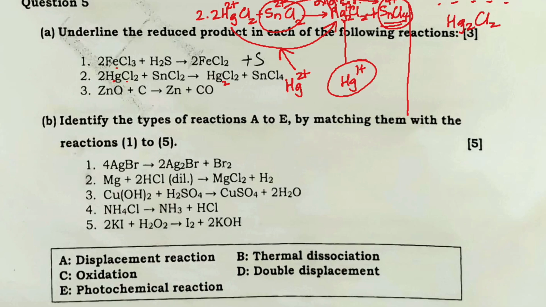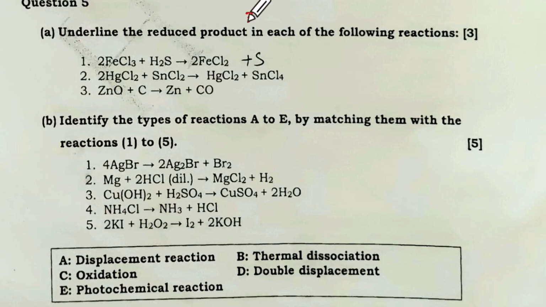We come to the third reaction. What is the third reaction? ZnO plus. Can you just check this reaction in the book so that we can just rectify this? It is there in oxidation reduction. Did you see that? The reaction is there.